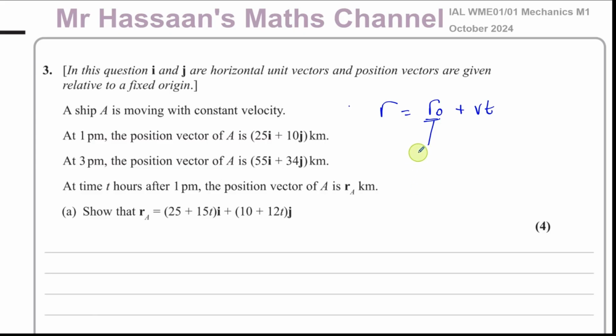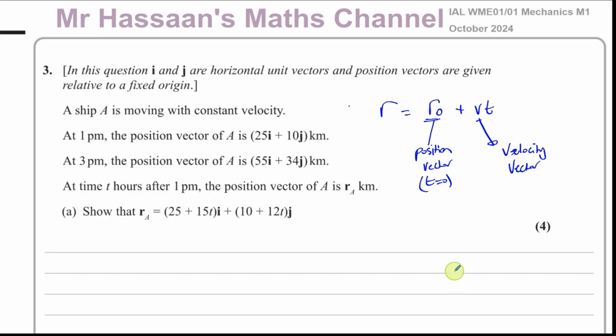R0 is the position vector, relative to the origin, when time is equal to 0. V is the velocity vector, that's the speed and direction in which it's moving. And t stands for the time, in this case in hours.